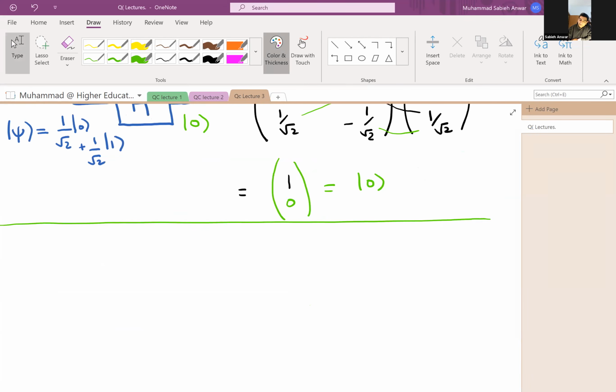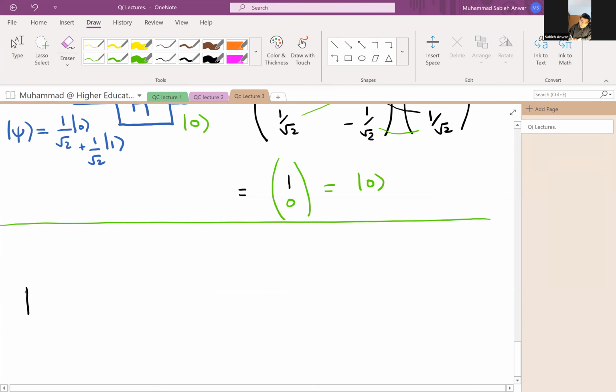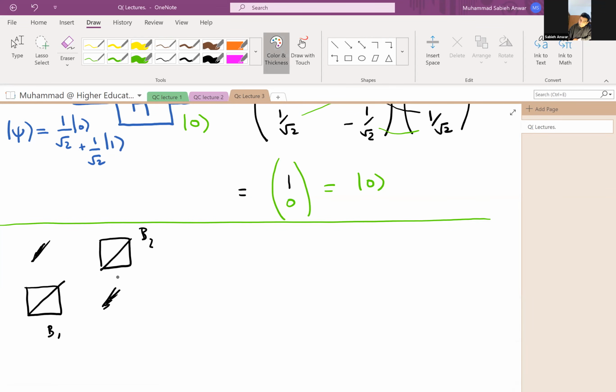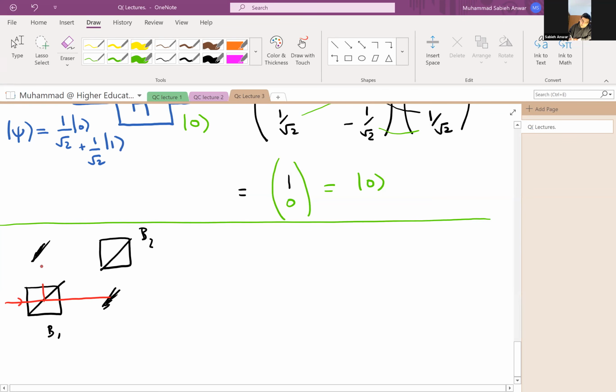Now, what I could also do is take the concept of the circuit model a bit further, and recast my interferometer as beam splitters B1, B2, two mirrors, and an incoming photon. A superposition is being created.